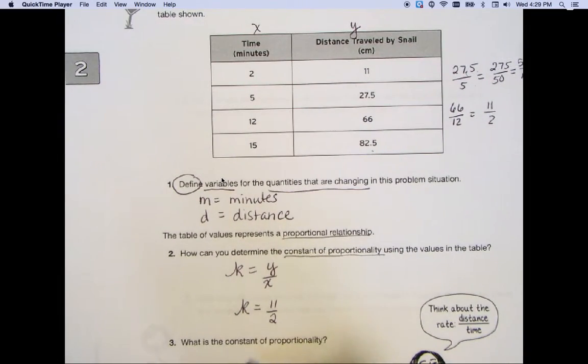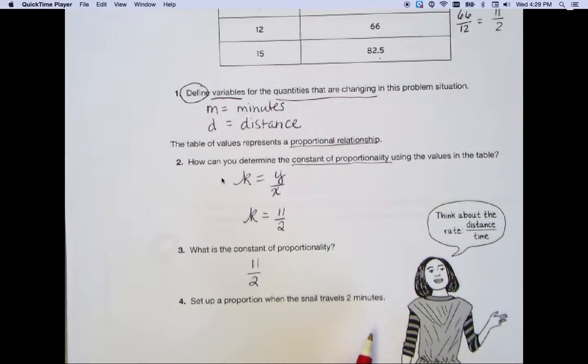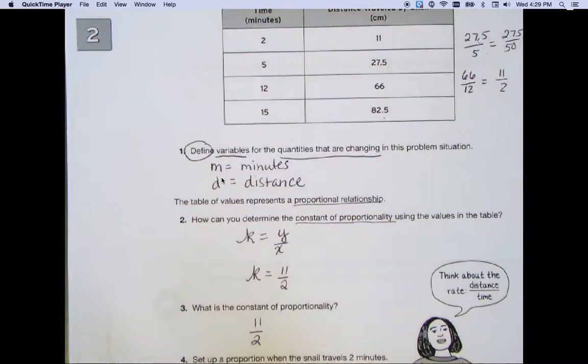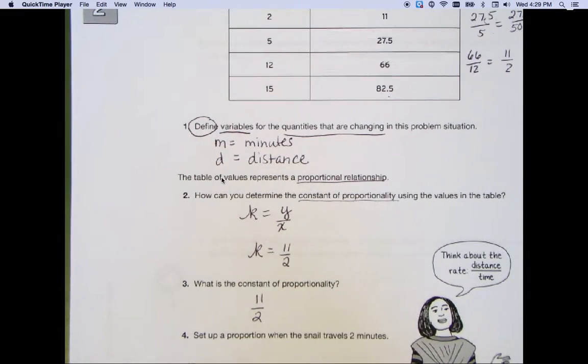So what is the constant? 11 over 2. How I can determine it, I can put the y over the x. Now they want me to set up a proportion when the snail travels 2 minutes. So if I go back to the table, 2 minutes is 11 centimeters. So I have 11 centimeters, 2 minutes.